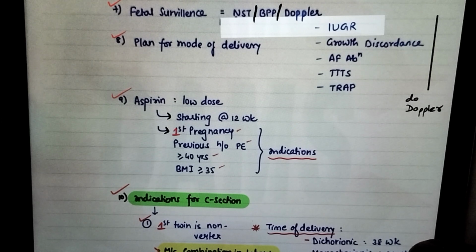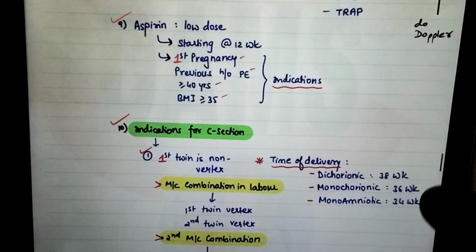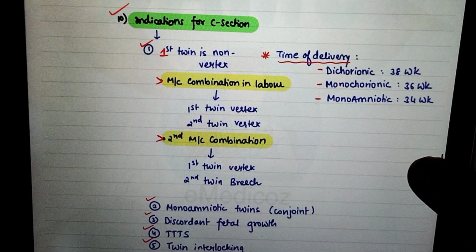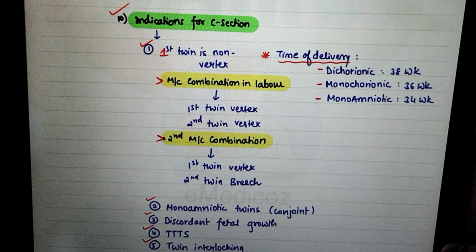We can start aspirin on low dose. We can start at 12 weeks. The indications are first pregnancy, previous history of preeclampsia, patient age more than 40 years, and if BMI is more than 35.